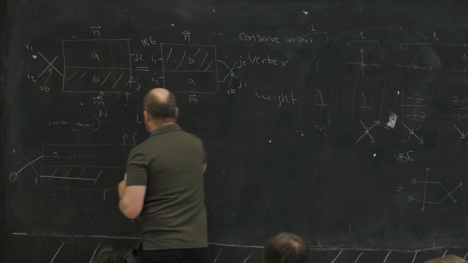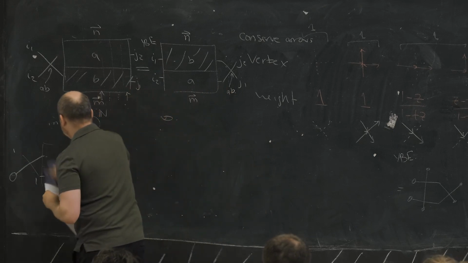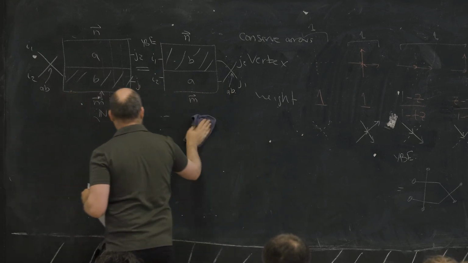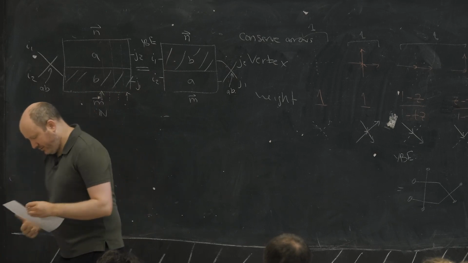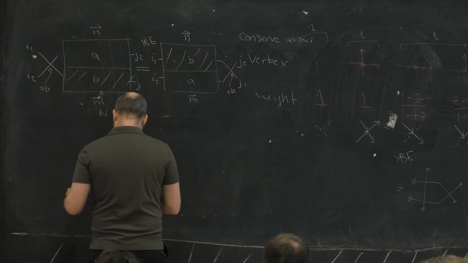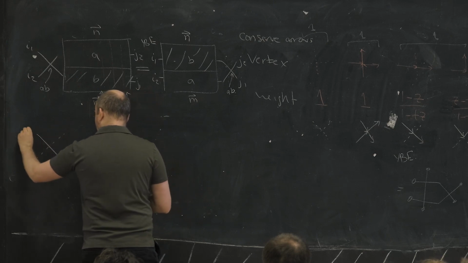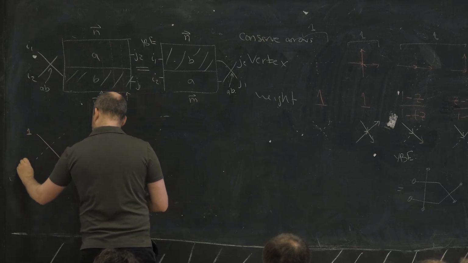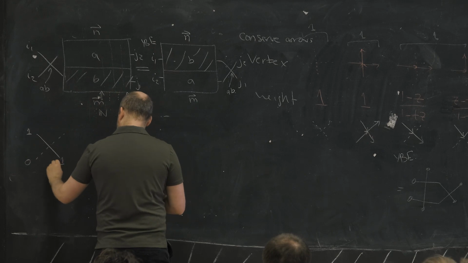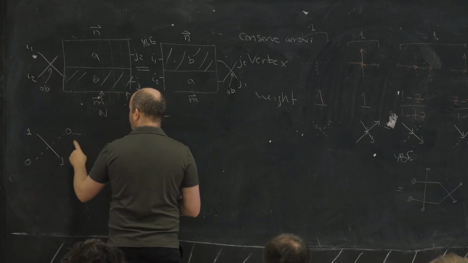Let me write it clearly. So in this L goes to infinity limit, the Yang-Baxter equation becomes equivalent to the statement that, well, this is actually a deterministic cross.